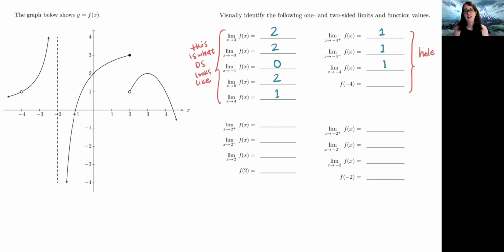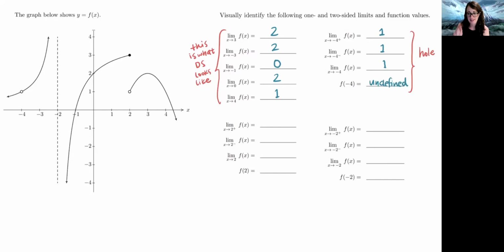f of -4, here's where we do care about the hole, because f of -4 is what you would get when you plug in x equals -4. And we can't do that. We get like 0/0 when we have a hole in the graph. Okay, so this we would say is undefined.